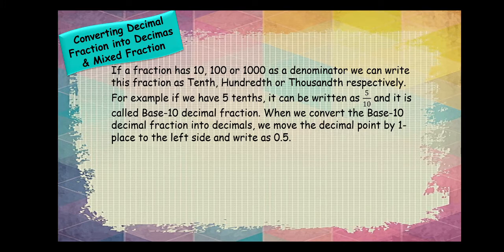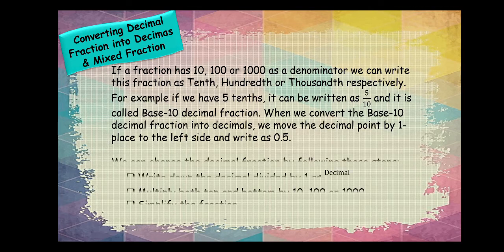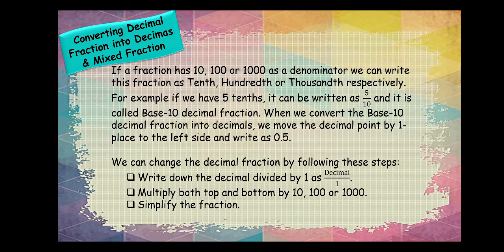For example, if we have 5 tenths in fraction form, we can write it as 5 upon 10, and we can also call it a base 10 decimal fraction. When we convert a base 10 decimal fraction into decimals, we move the decimal point by one place to the left side and write 5 tenths as 0.5.